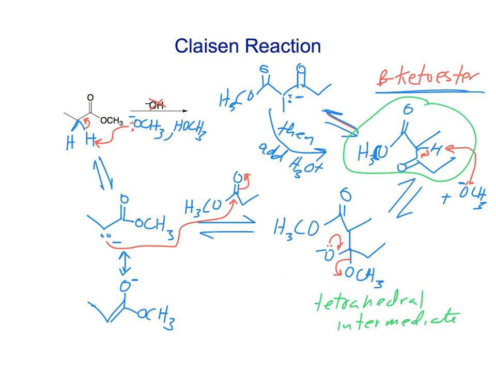This is really a related compound to that acetoacetate. So even if you got this, we could alkylate again at that alpha position. We could hydrolyze the ester and do a decarboxylation. So we can do all of that same chemistry.